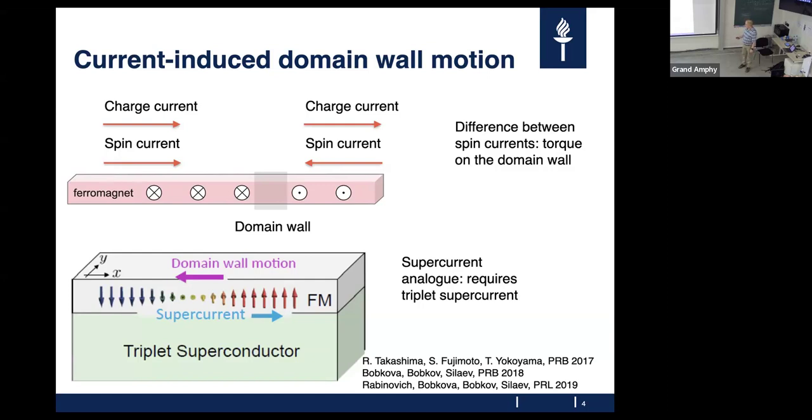Now, there is a superconducting version of this idea. Supercurrent analogs for this effect were discussed some 6 years ago, where instead of normal spin currents, one replaced them with supercurrents, but this requires triplet superconductivity, meaning that the supercurrent carries spin.